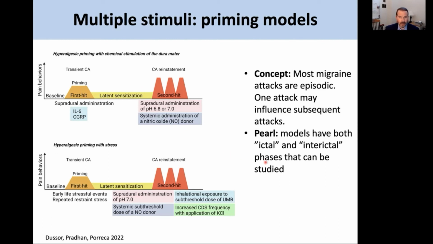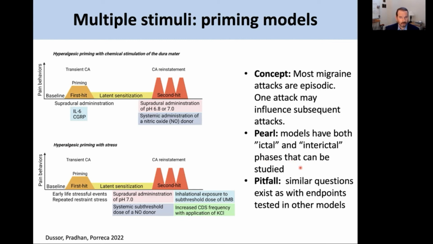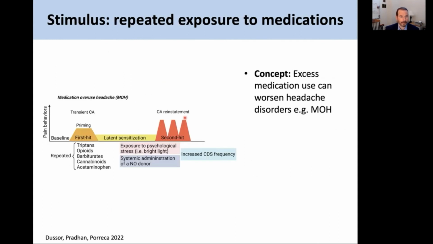So it's really able to capture aspects that may not be captured in the other types of models. Pitfalls here: similar questions exist as with the endpoints that were tested in other models. You're really using the same kind of stimuli and the same kind of behavioral endpoints, so many of the concerns that I talked about earlier would translate over to these types of models.